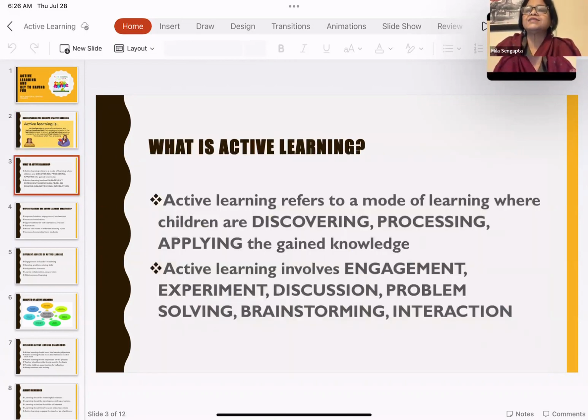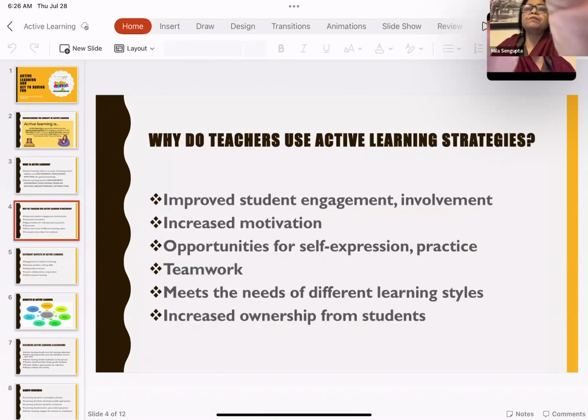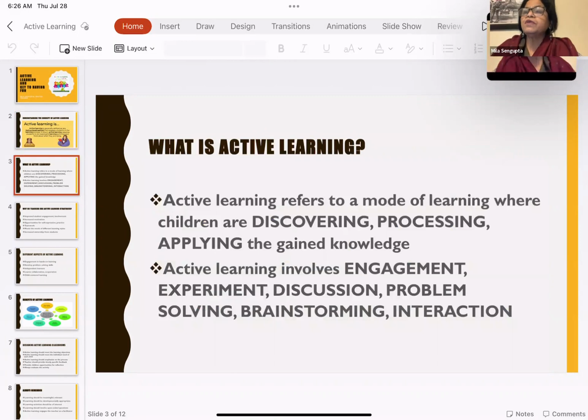What is active learning? Active learning is where children are discovering, processing that knowledge, and then applying that gained knowledge wherever necessary. So they have to have a form of learning where they're engaged, taking interest, and actively involved.